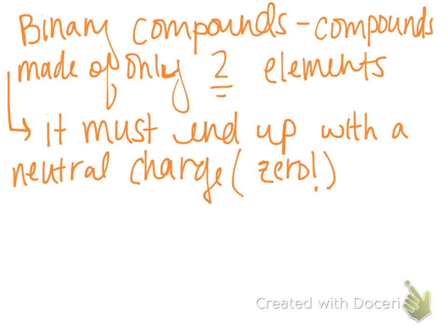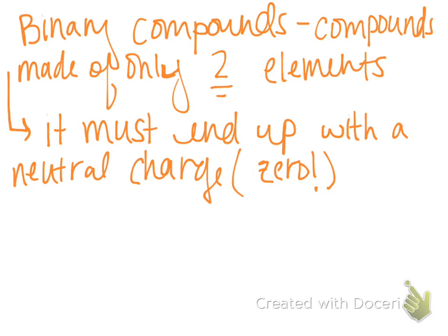Our compound itself must have an overall charge of 0. Okay, so just think here, listen to this for a second. If I put in my cation that has a charge of +3, and I pair it with a negative ion that has a -1 charge, do those two together just make a neutral charge, +3 and -1? No, that doesn't make a neutral charge. That gives me a charge of +2. That's not what I want, right?